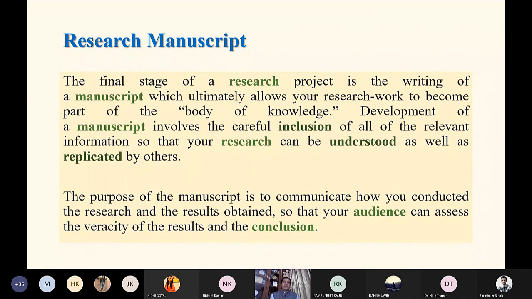So when we develop a manuscript, we have to decide what exactly to include, so that the information can be easily understood and replicated by others, and we can have more citations for the research that has been done by us.